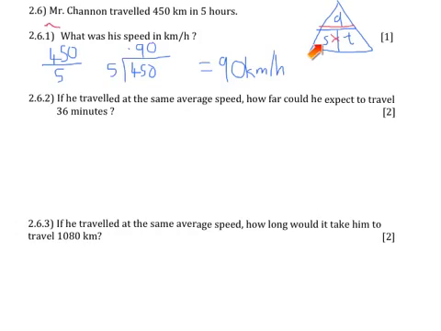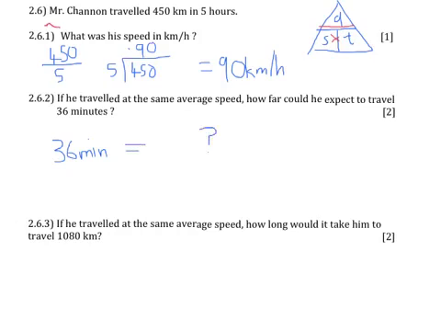There's that expression, you've got to compare apples with apples. I can't use speed in terms of kilometers per hour and then multiply it by minutes. I have to multiply it by hours. I have to be using the same units. So how would I convert 36 minutes into hours?